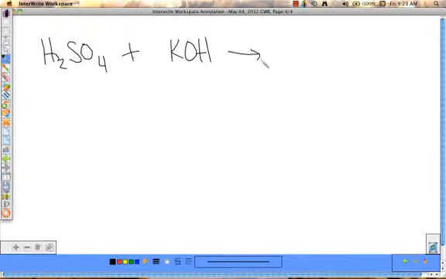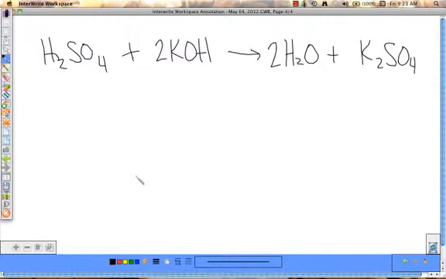So what are we going to get? Potassium sulfate is K2SO4. So we're going to have to put a 2 here and a 2 here. And we know that this is 2.0 molar.